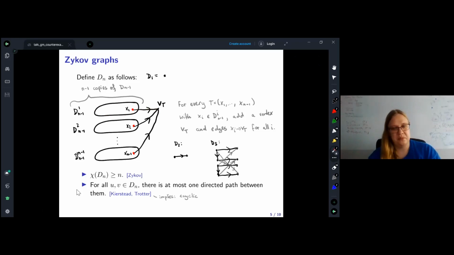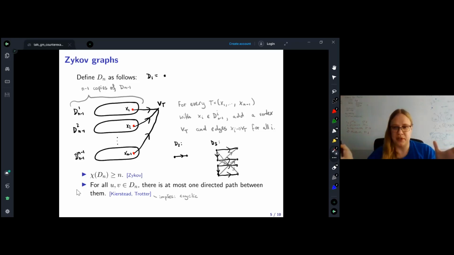So this shows that if I look at this graph, for any two vertices, there's at most one directed path between them. And in particular, it implies that this graph is acyclic. But it also gives us nice things we can do with this. Kierstead and Trotter then said, let's make two vertices adjacent if they have a path between them and it's odd.